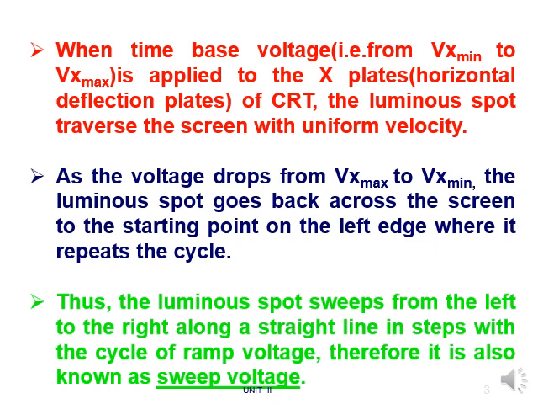As the voltage drops from maximum positive voltage to minimum negative voltage, the luminous spot goes back across the screen to the starting point on the left edge, where it repeats the cycle. This luminous spot sweeps from left to right along a straight line in steps with the cycle of ramp voltage. Therefore, it is known as sweep voltage.